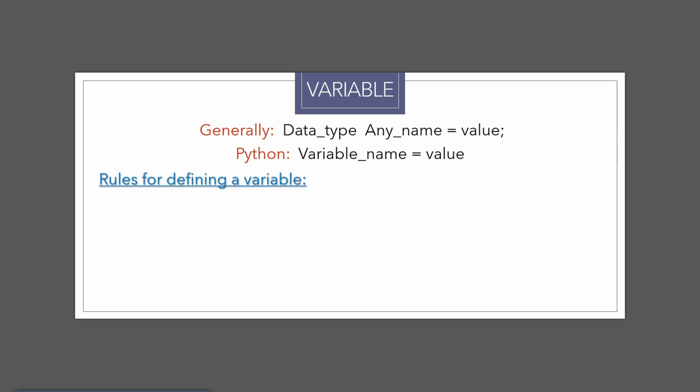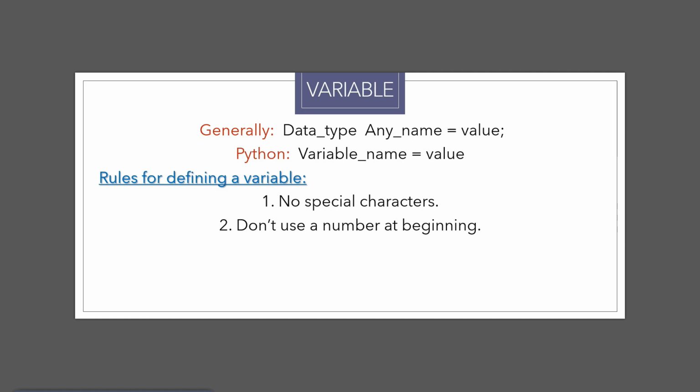Next, what are the rules for defining a variable? Can you give any name to a variable? Can you include characters, numbers, special characters, etc. in a variable name? No, you cannot include anything in a variable name. There are some rules you have to follow for declaring variable names. The first rule is no special characters should be included in the variable name.